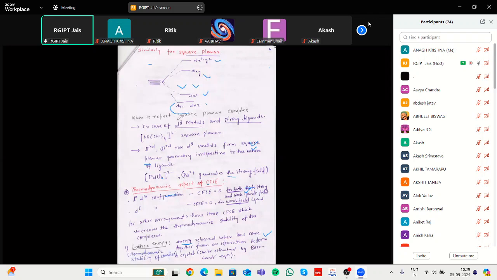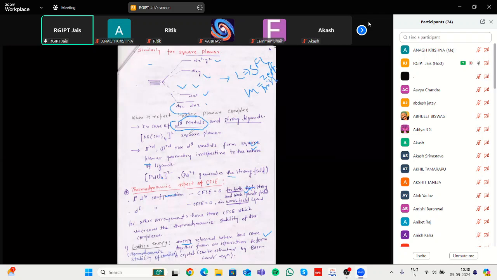Then there occurs a probability that a d8 metal has more strong ligands, means in case of a square planar complex, the ligand that is attached to the metal is a strong field ligand, and the Z effective of the metal is high, and that forms a square planar complex.